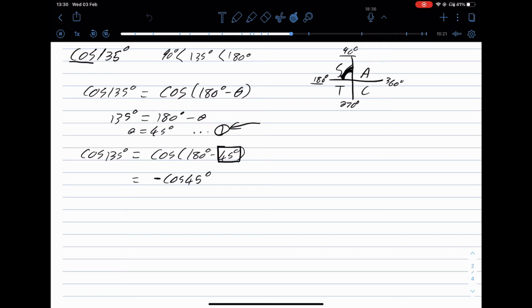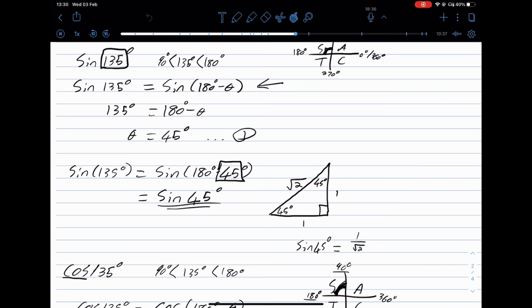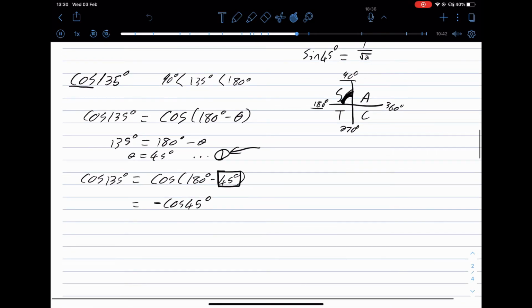Just to recap, if we have sine working in the second quadrant, we use the reduction for the second quadrant, and we get theta to be 45 degrees, and we just say sine 45 degrees because sine is positive in that quadrant. However, when we get to cos of 135 degrees, it's still in that quadrant, so we still use that reduction. However, we have to say negative cos 45 degrees.